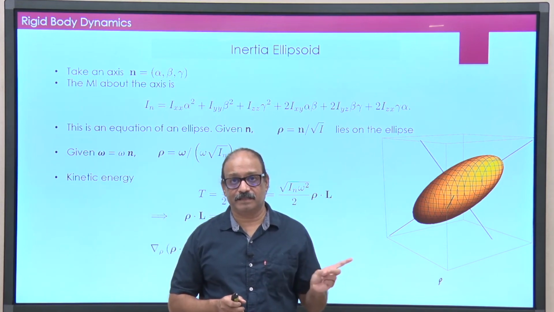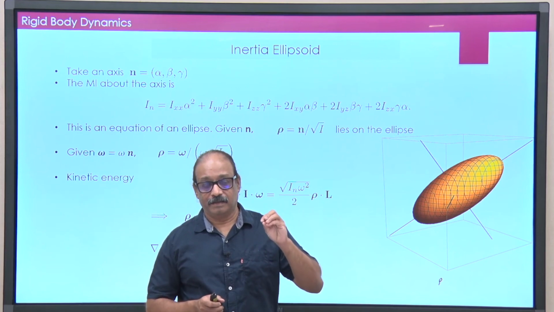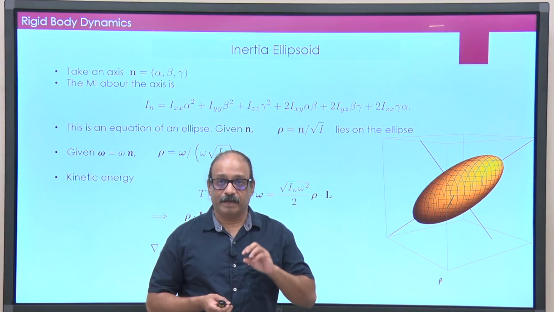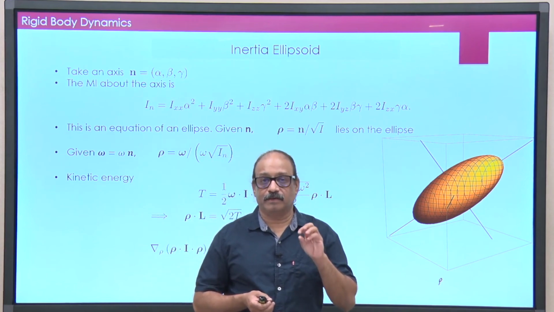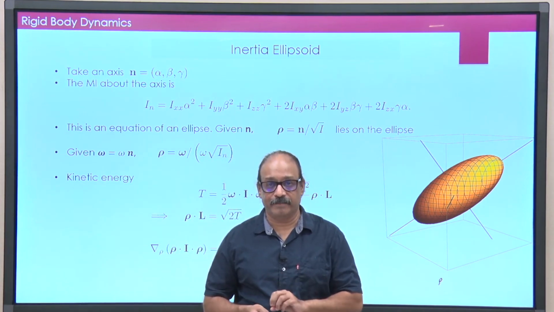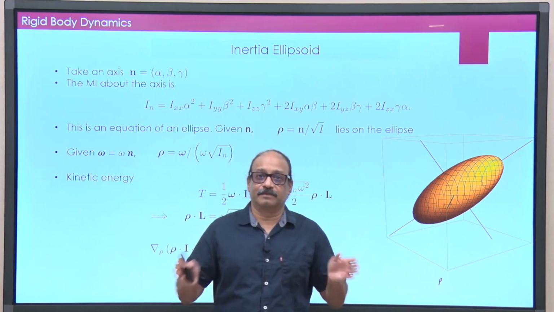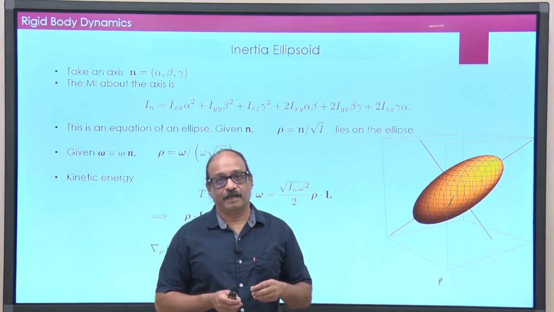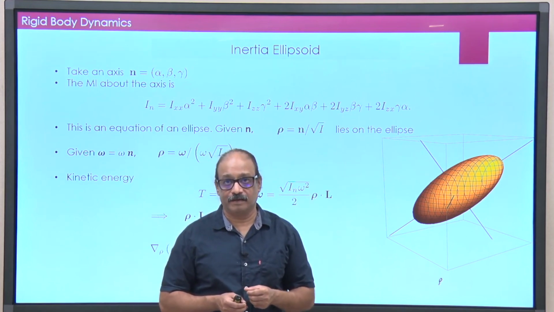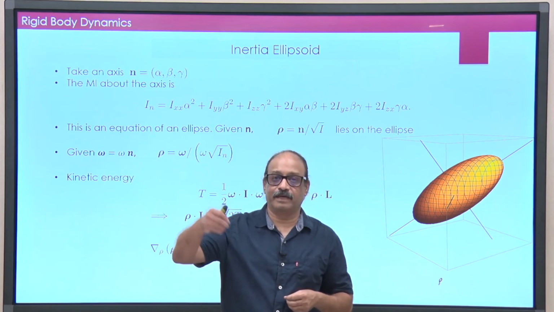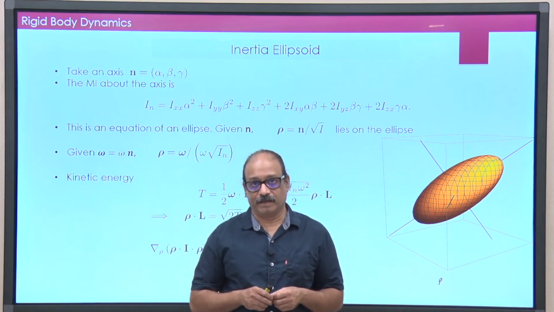So, in the first case, where we had not only a diagonal moment of inertia tensor but all 3 eigenvalues or principal moments were the same, the inertia ellipsoid actually becomes spherical, and in that case it does not matter which way you choose omega, for every omega you have angular momentum parallel to omega.